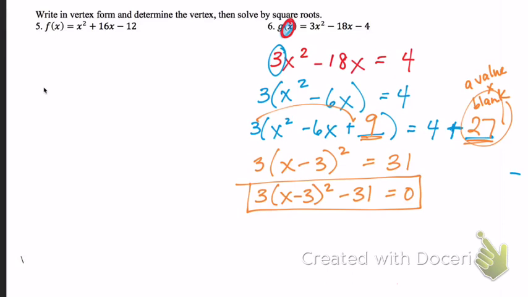And then if I want to solve it, then I'm going to divide each side by 3. So (x minus 3) squared equals 31 over 3. Square root it.